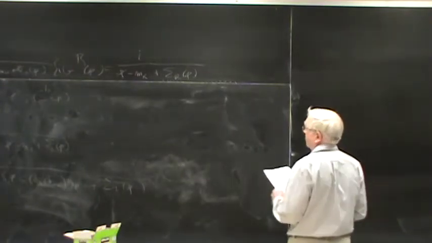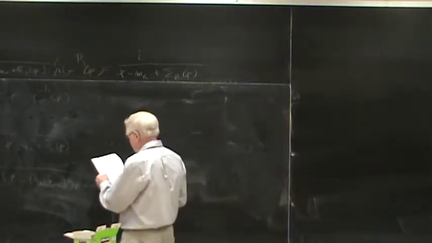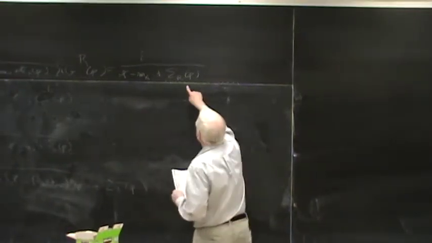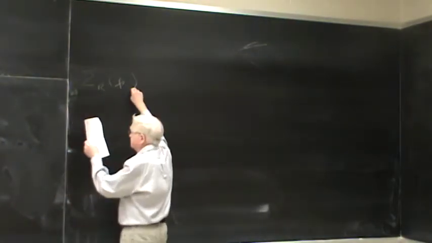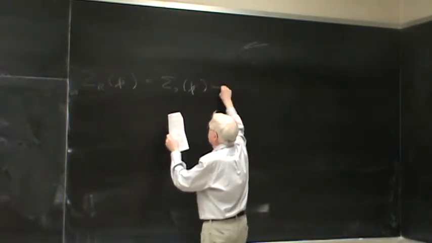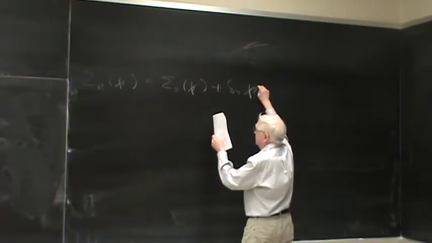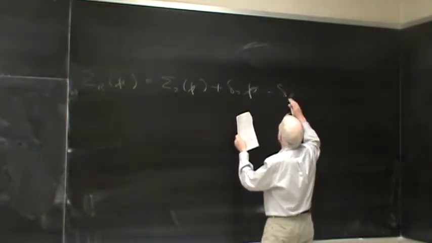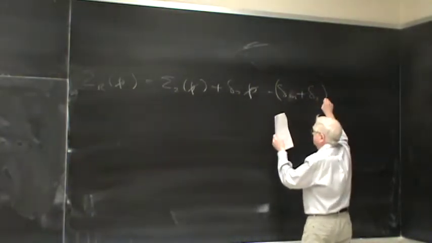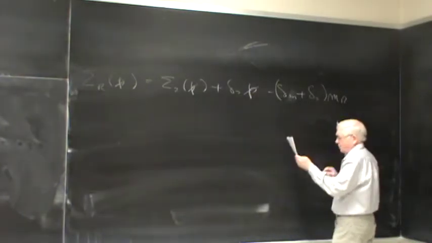Now that we've got a better blackboard, let me just recall where we were. So, what's this sigma renormalized? Keeping track of all of these terms, sigma renormalized of P slash is sigma 2 of P slash plus delta 2 of P slash minus delta M plus delta 2 M_r plus higher order terms.